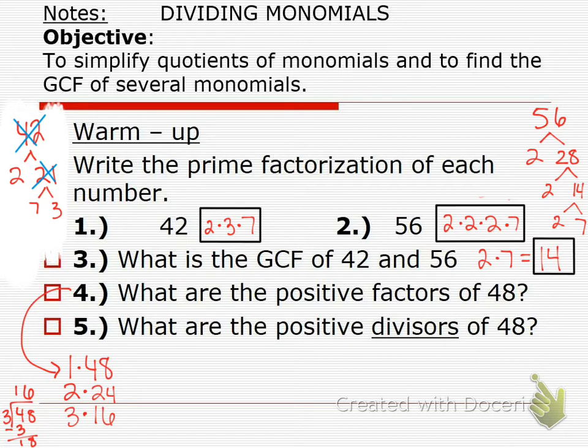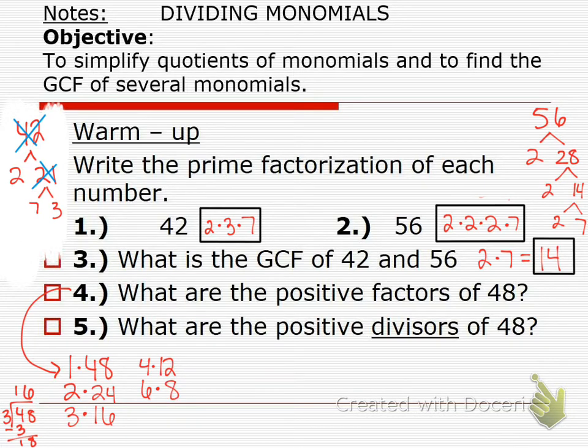Next, after 3, we would need to check 4. 4 times what? 12. After 4, we check 5. Is 5 going to work? No. So after 5, we check 6. 6 times what? 8.